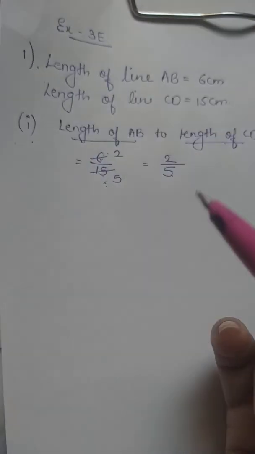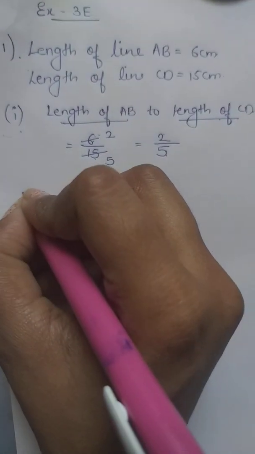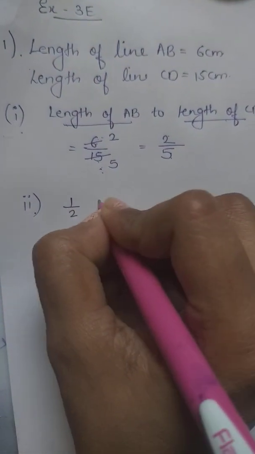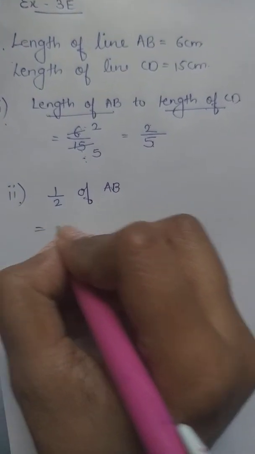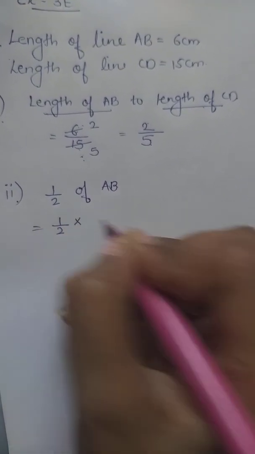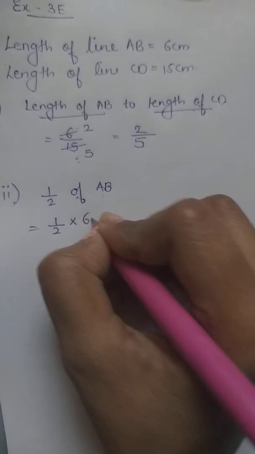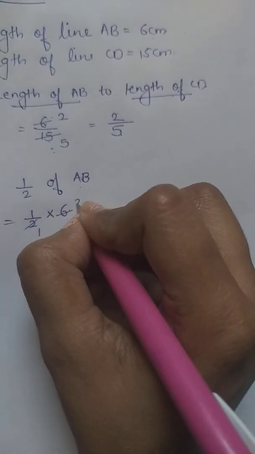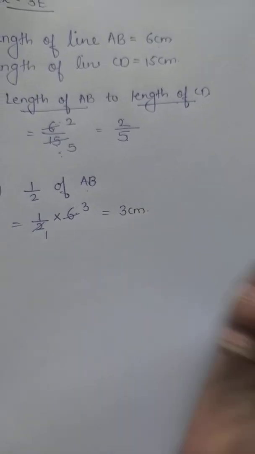Now the second one. It was written half of the length of AB. Half of AB means half of, which means multiplication, 6. Half of 6: 2 3s are 6, so in the numerator what is left is 3 centimeter.